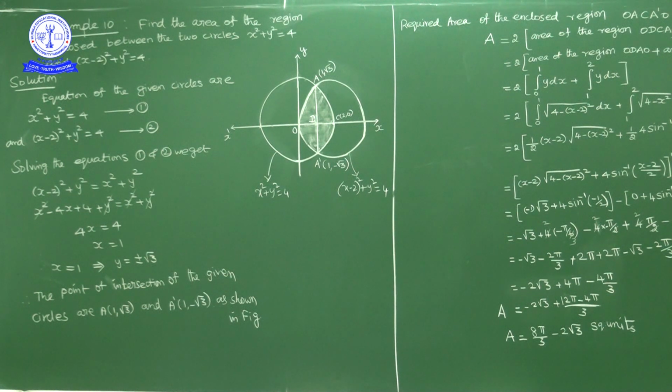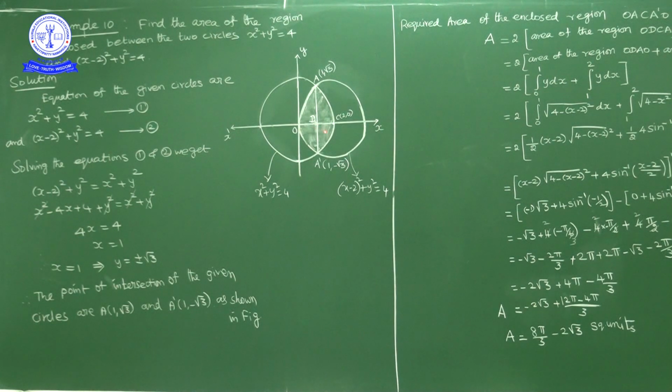So the area of the region ODAO is nothing but the area under the circle (x minus 2) whole square plus y square is equal to 4 between the limits 0 to 1. Now the second part is the area of the region DCAD.